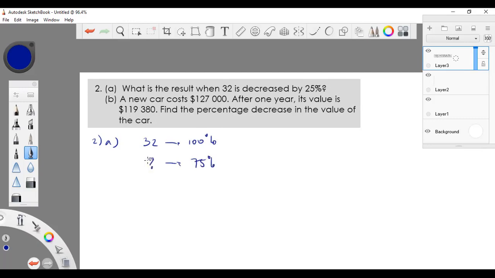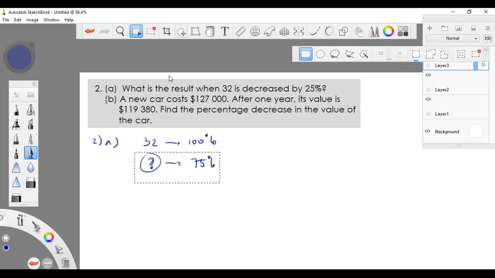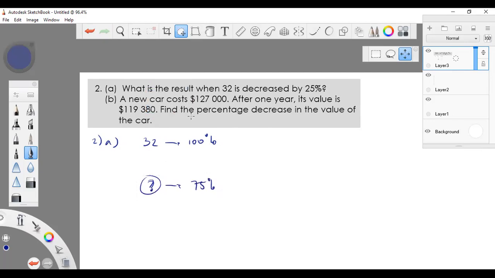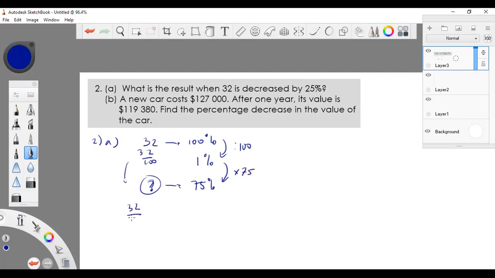And this will be the question that you will find for question 2, part A. I will give you one extra space here to simplify your understanding. How about 1%? You divide by 100, and this also divide by 100. And how about this? You multiply by 75, so this also multiplied by 75. 32 over 100 times 75. That's the rule.